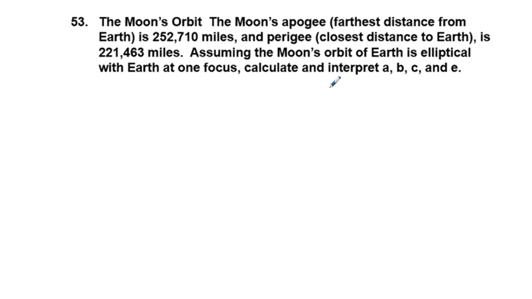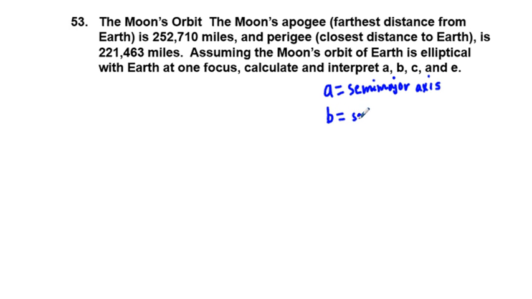Well, A is what we call our semi-major axis. So we find our largest axis and divide that by 2, and we have our semi-major axis. B is, logically, what is it going to be?